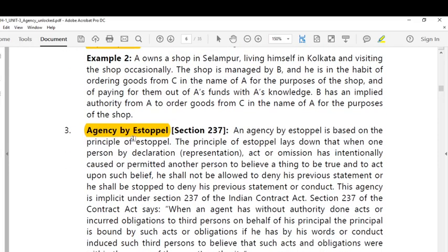And the third one is agency by estoppel. An agency by estoppel is based on the principle of estoppel.